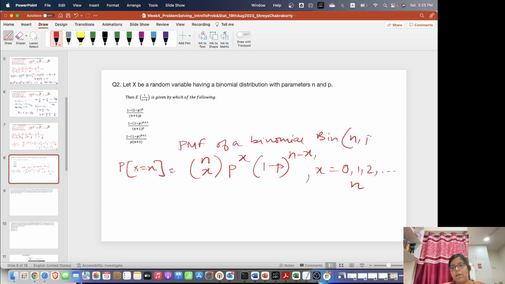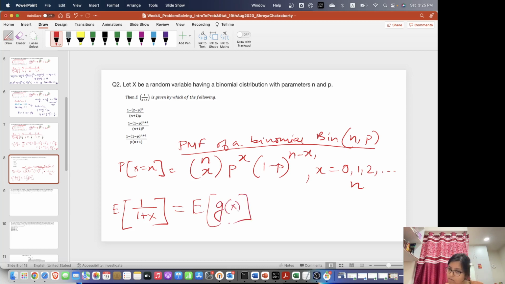I'll write it as Binomial(n, p). So this is how the PMF of a binomial distribution is represented. So now we have to find the expectation of 1/(1+X). Same thing we will do. This is nothing but the expectation of some g(X).